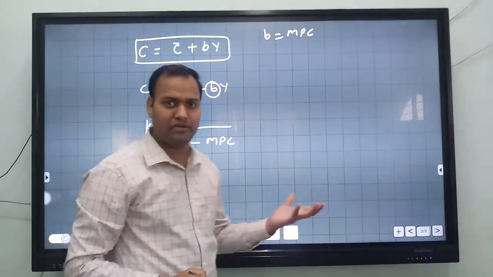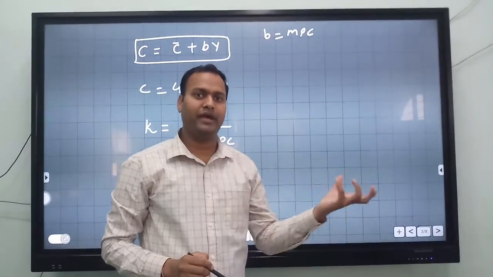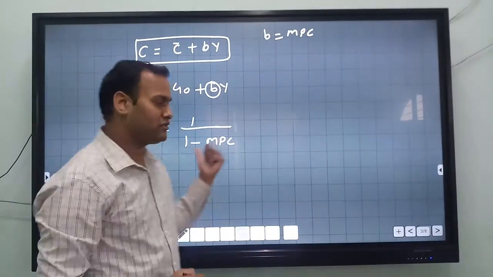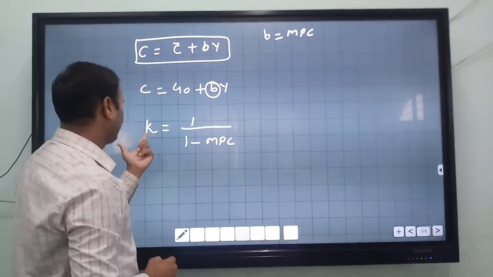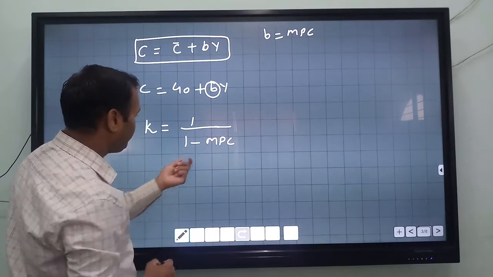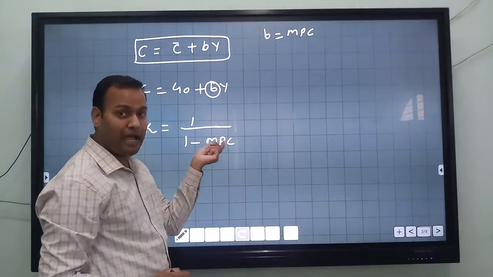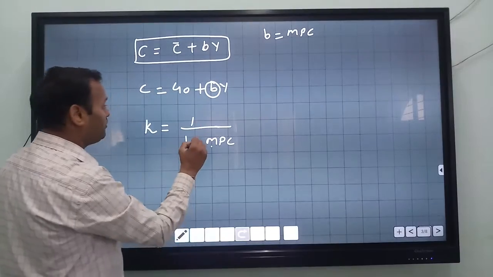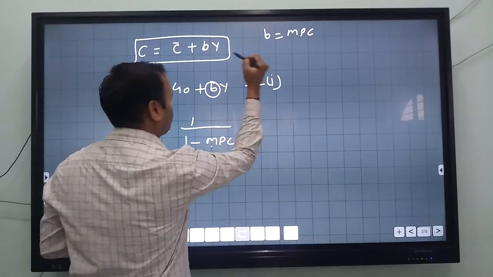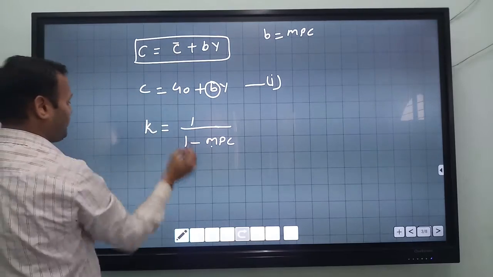Already discussed in the previous video, this is the relationship between K with MPS and MPC. So K is equal to 1 upon 1 minus MPC. Now we have to calculate the value of MPC, and put that value of MPC in this equation.